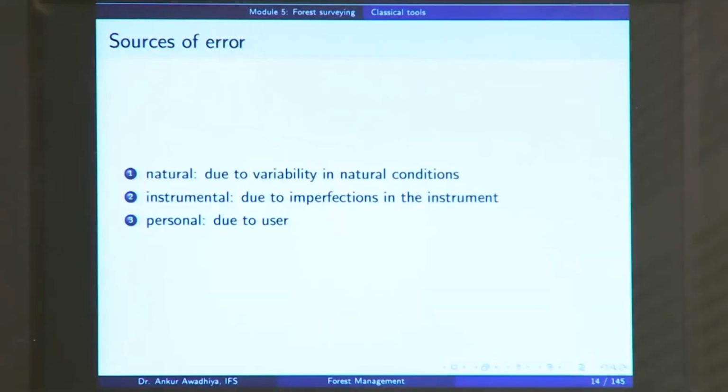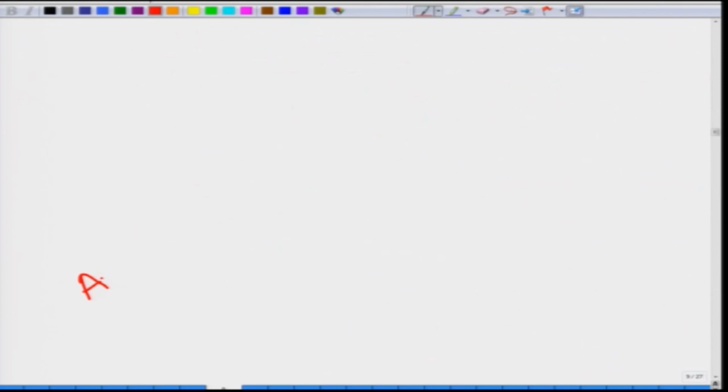Then there is a third source of error, that is the personal error due to the user, because when you were using this instrument you were not careful. Suppose you are measuring the distance between 2 points A and B, and these were supposed to be 5 ruler lengths, so 5 meters.